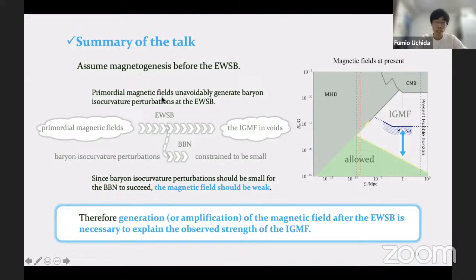Because of the unavoidable generation of baryon noise curvature perturbations at the electroweak symmetry breaking, generation or amplification of the magnetic fields after the electroweak symmetry breaking is necessary to explain the strength of the observed magnetic fields in galactic bodies. That's all. Thank you so much.